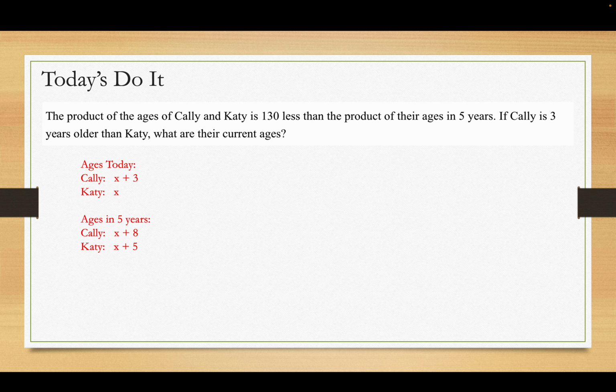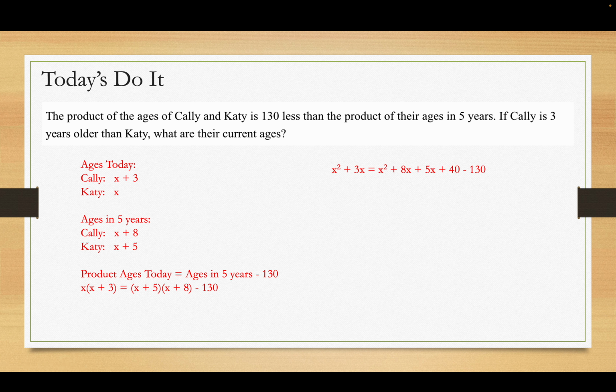So you got to do today, x times x plus 3 is going to equal the one in 5 years, x plus 5 times x plus 8 minus 130. So product of the ages today is x times x plus 3, and in 5 years it'll be x plus 5 times x plus 8, and then you've got to subtract 130 from that.